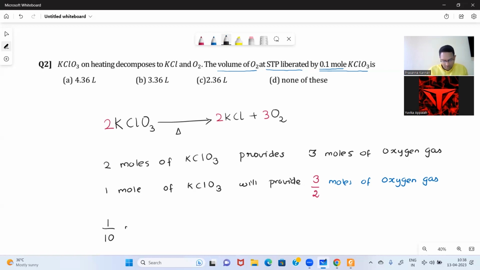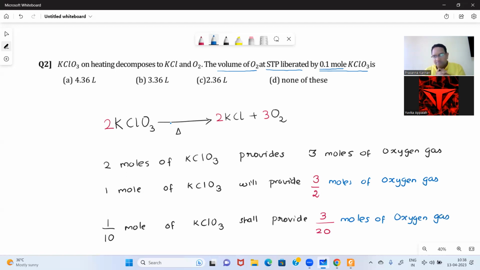Yes, sir. So 1 by 10th of a mole of KClO3 shall provide 3 by 2 by 10. Fantastic, Yuvika. 3 by 2 by 10. So that will be nothing but 3 by 20 moles of oxygen gas.